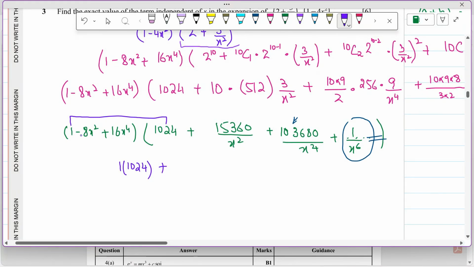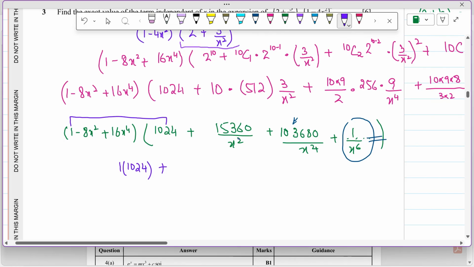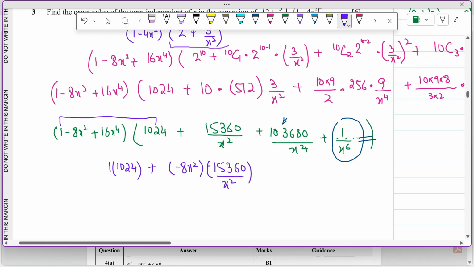Similarly, when we multiply −8x² times 15,360 over x², we will have a term independent of x, because x² will be cancelled out.